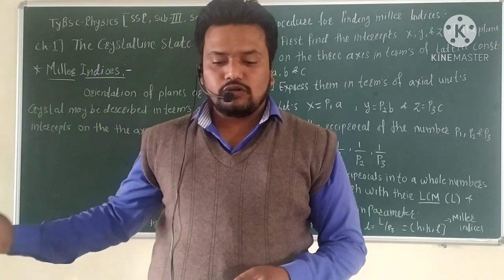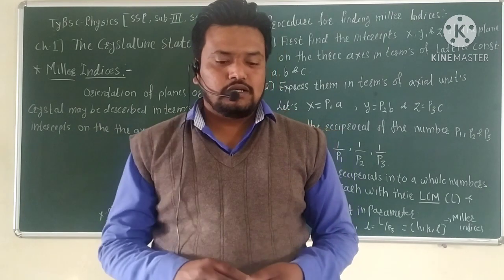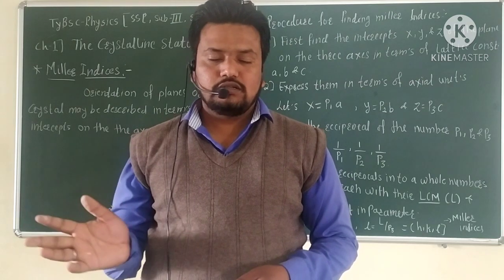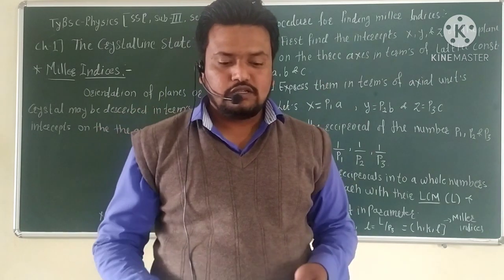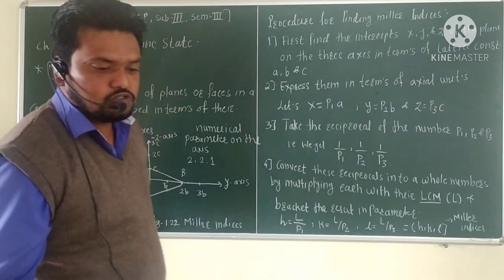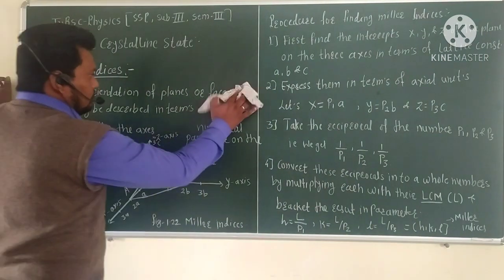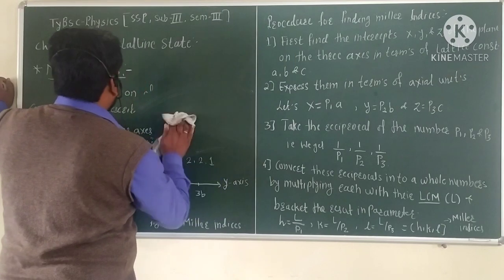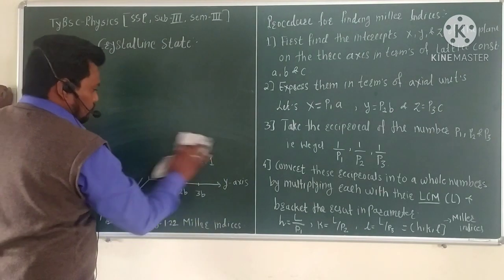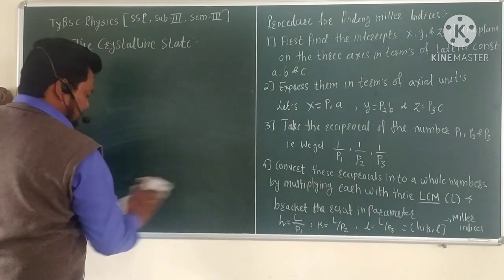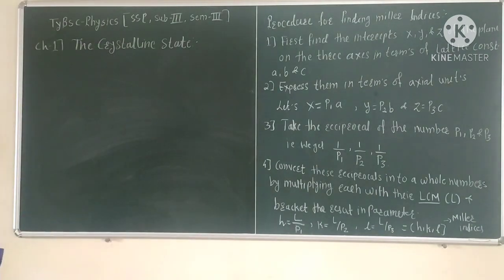According to this second figure, we want to find the Miller indices by following this procedure. How do we find the Miller indices here?